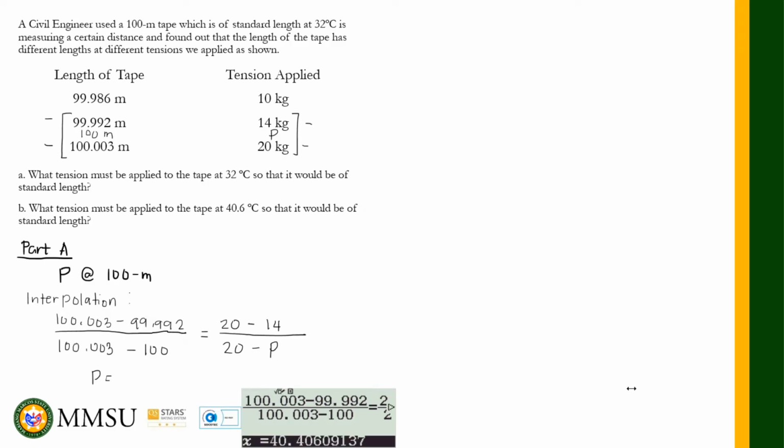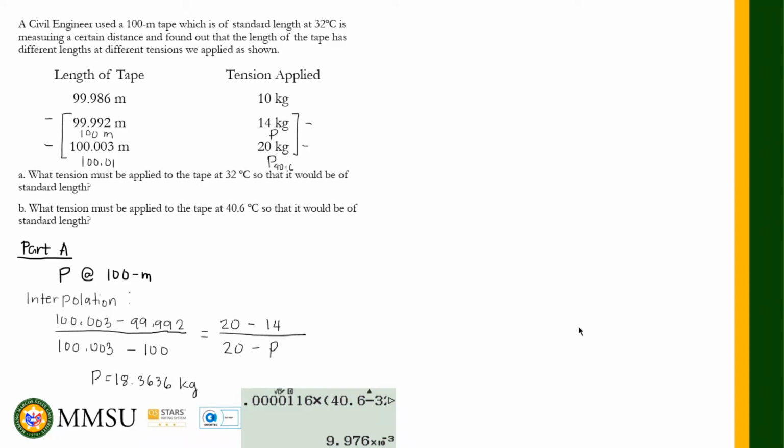Then shift solve. That gives 18.3636. The unit is of course kilograms. This is the required tension if we want the tape to be at standard length. That's 18.3636 kilograms, the answer for letter A.